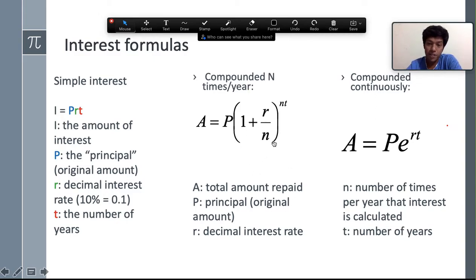What this formula is doing, let me tell you, is that sometimes some company actually gives you the interest not only by the end of the year, they will give you the interest after, let's say, every 3 months, or every 4 months, or every 6 months, or even every 1 month. So their formula will be different.